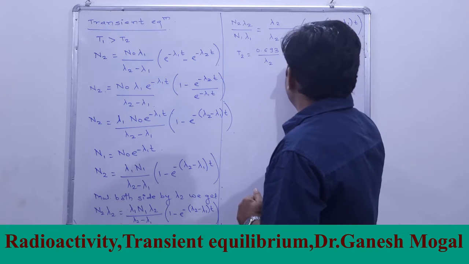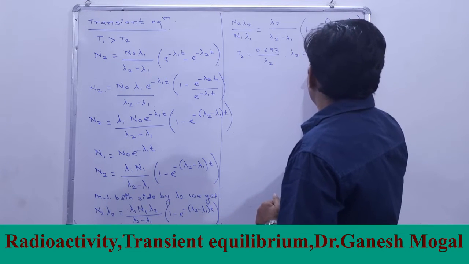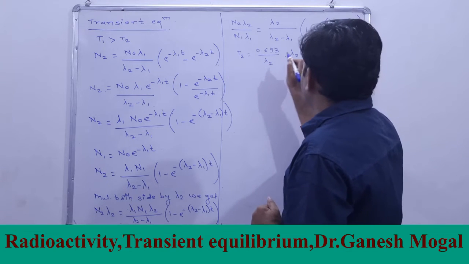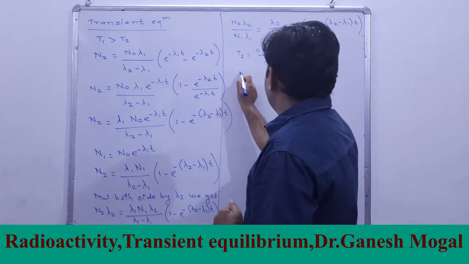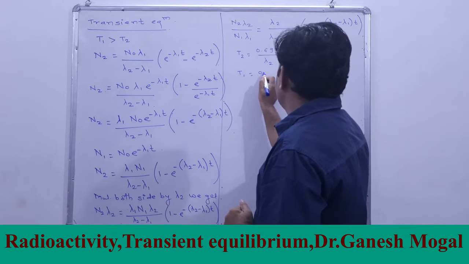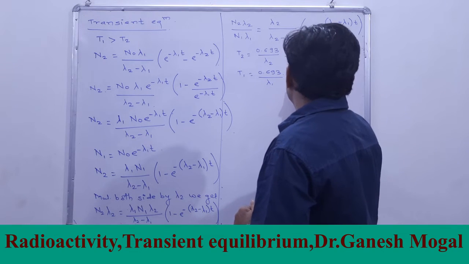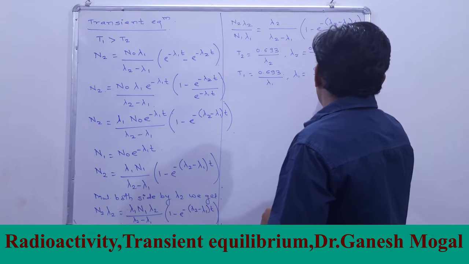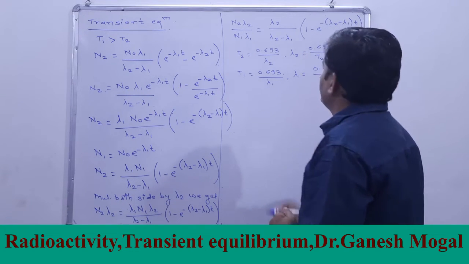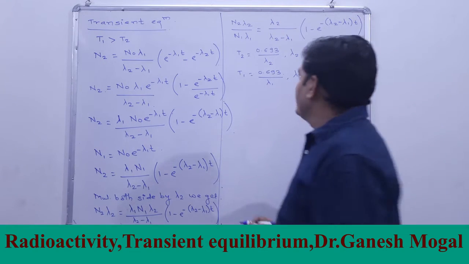So lambda 2 is equal to 0.693 divided by T2, and T1 is equal to 0.693 divided by lambda 1. So lambda 1 is equal to 0.693 divided by T1.